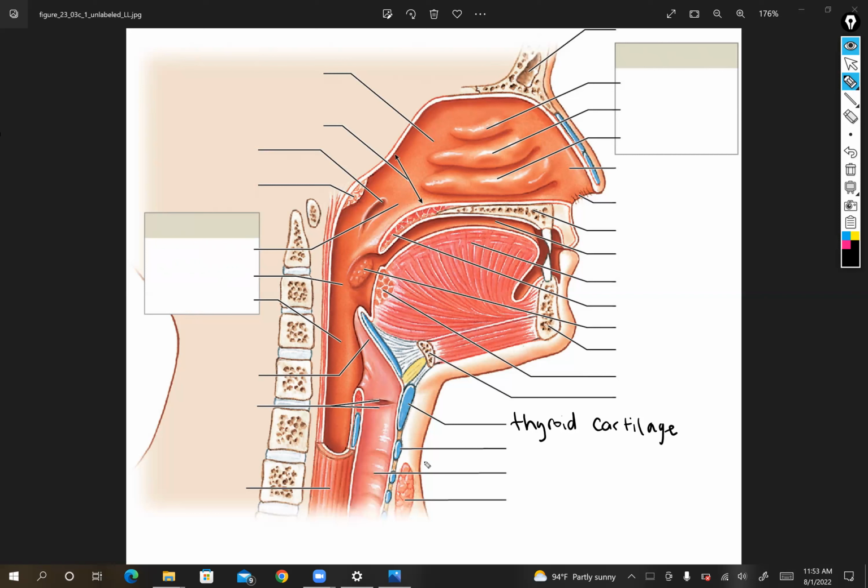And then down there underneath, we have the cricoid cartilage. And I'll show you the front view of these as well. So these are the two cartilages that help to form the front part of your voice box. And then this little weird slit thing is your vocal cords, but it's not a good view of them, so I wouldn't ask you that question on this particular image.